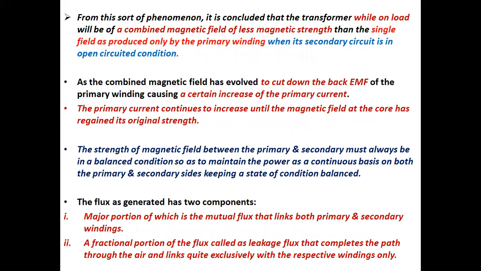From this phenomenon, it is concluded that the transformer, while on load, will have a combined magnetic field of less strength than the single field produced only by the primary winding when its secondary circuit is open circuited. This point is very important.